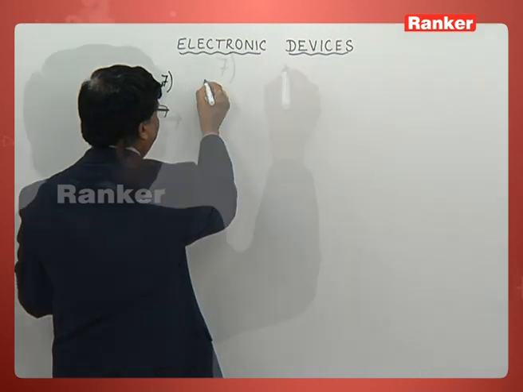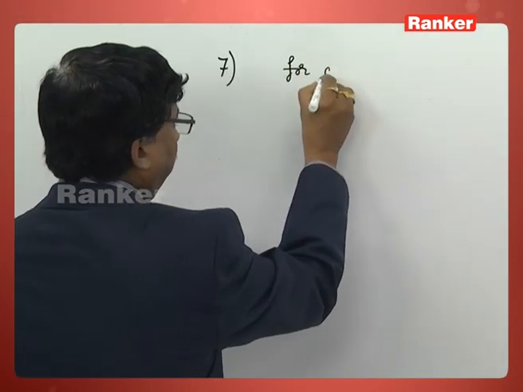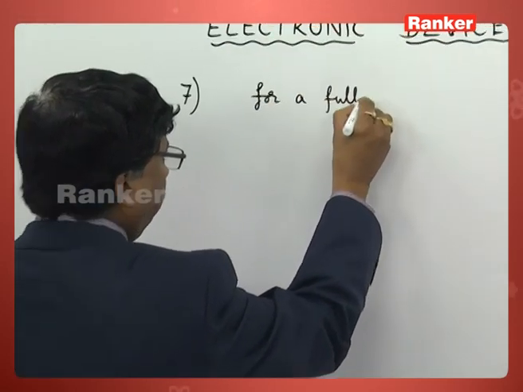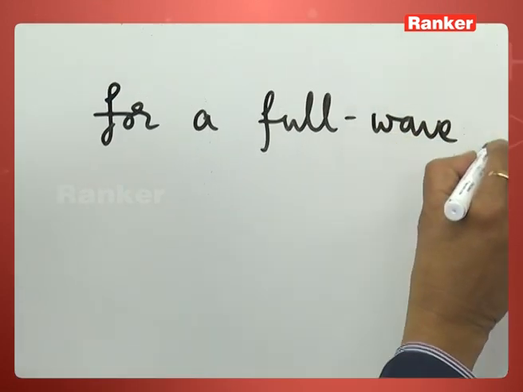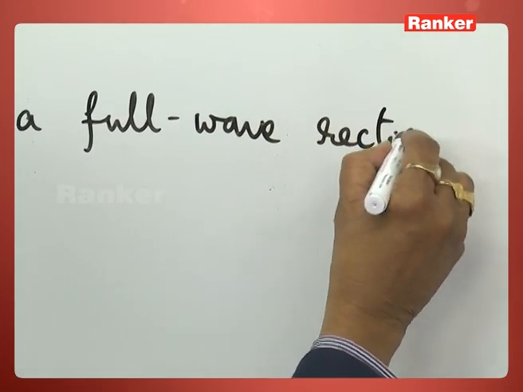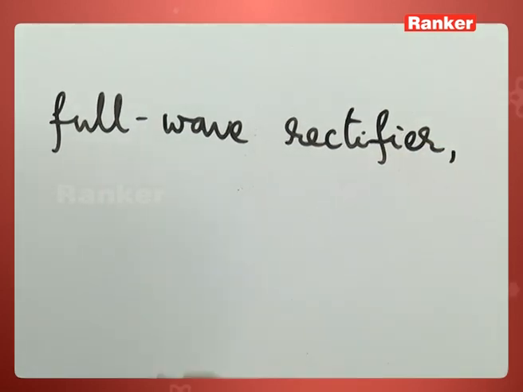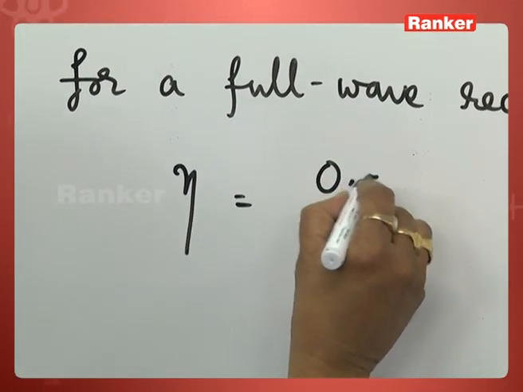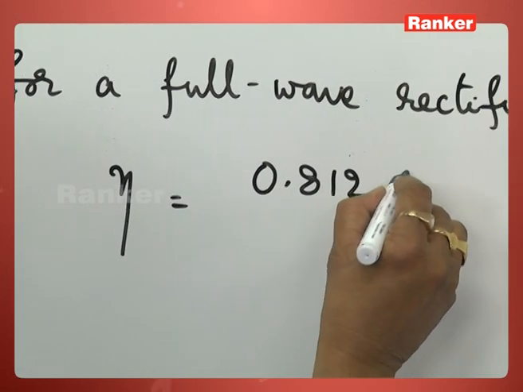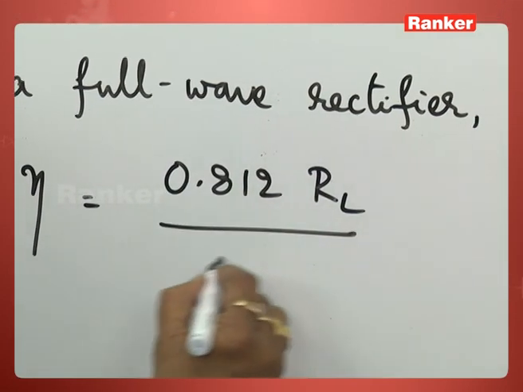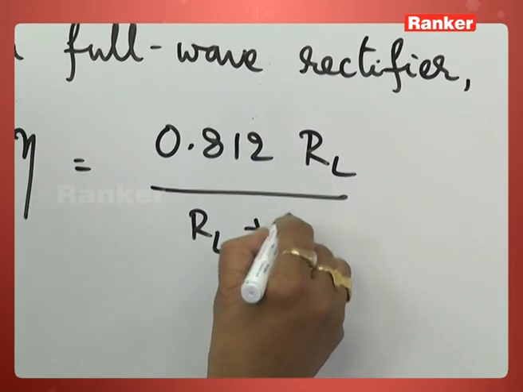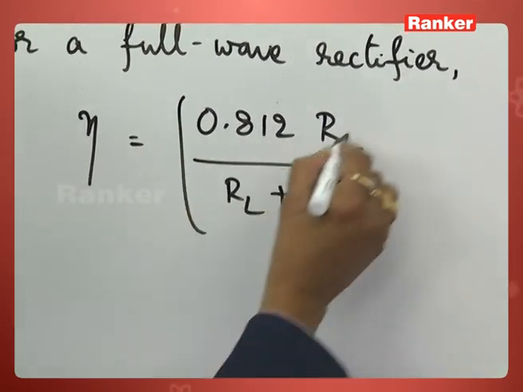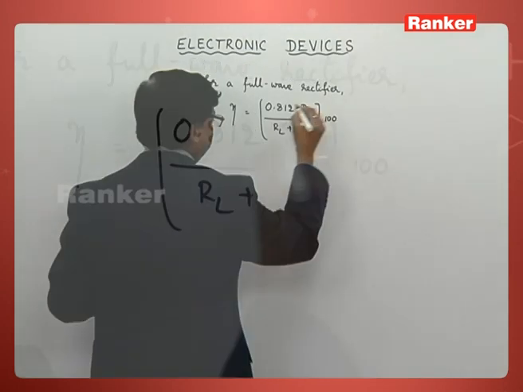Now you can understand, for a full wave rectifier, percentage of efficiency we can write 0.812 RL by (RL plus RF) whole multiplied by 100.